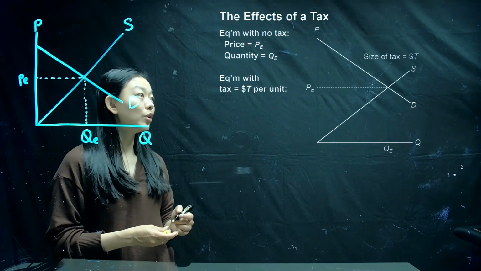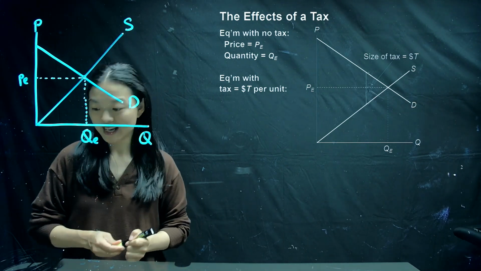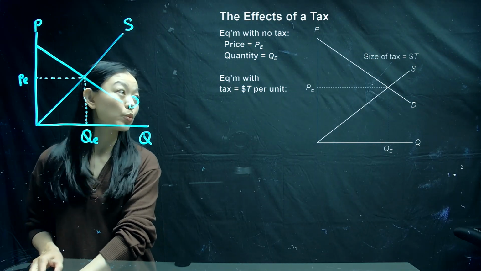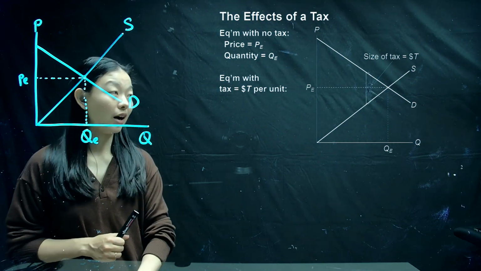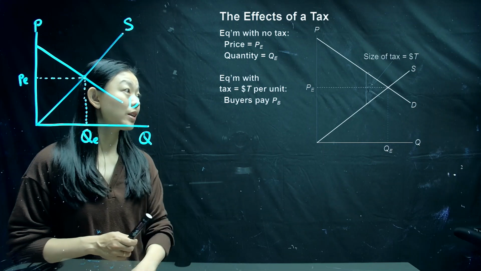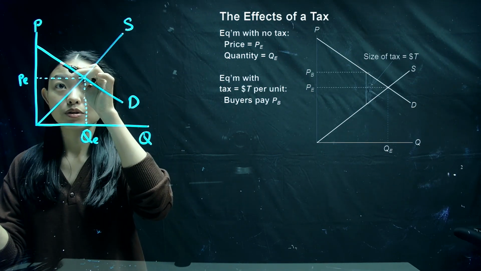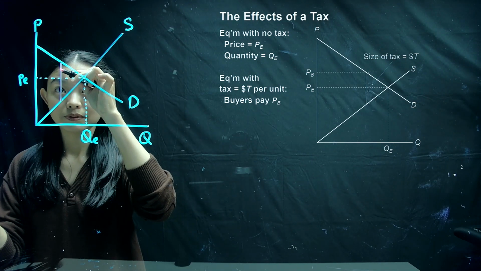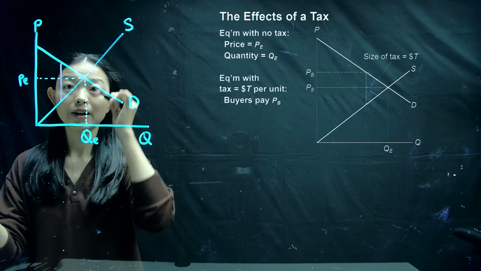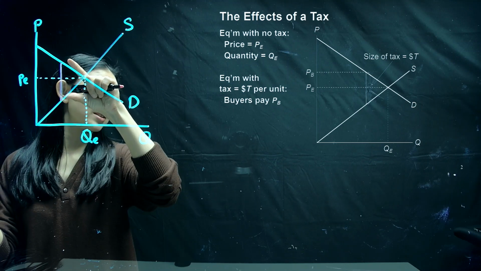So here we would like to talk about what happens if the government imposes a tax of T dollars per unit. So assume this is the tax imposed, and this distance measures the tax, okay?